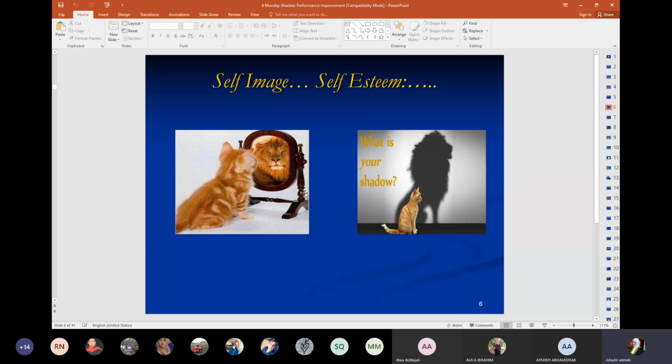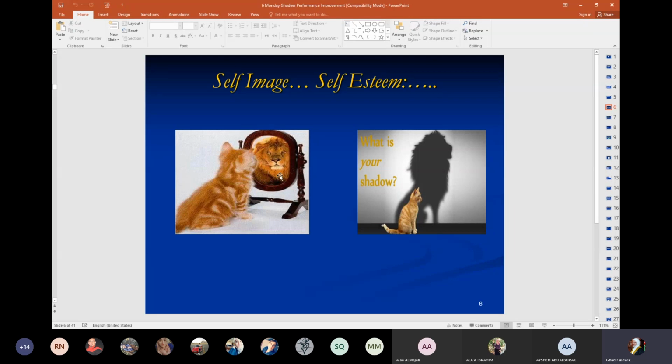For example, if instead of a cat there is a lion, and the lion sees himself like a cat, the opposite of this picture, we call it under-evaluation or underestimating our abilities, and we don't have trust and confidence in our abilities.